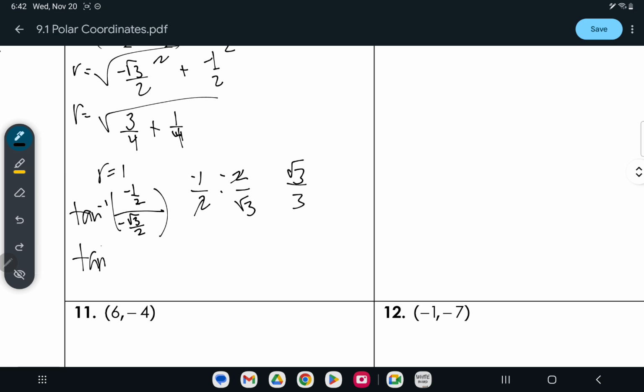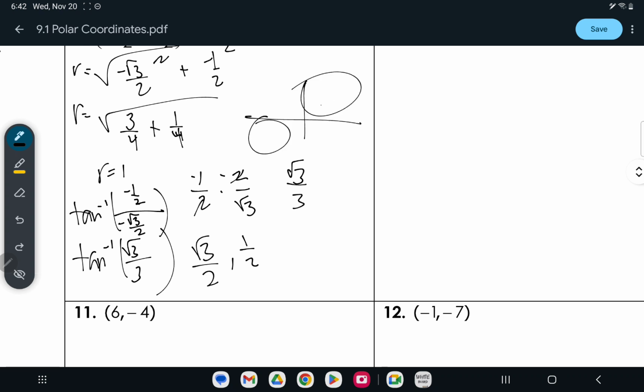So we want to know where tangent is equal to root 3 over 3. Well, that tells me we had a root in the bottom, so that's going to be a root 3 over 2 and a 1/2. And again we have 2 spots, it's going to happen at pi over 6 and 7 pi over 6.